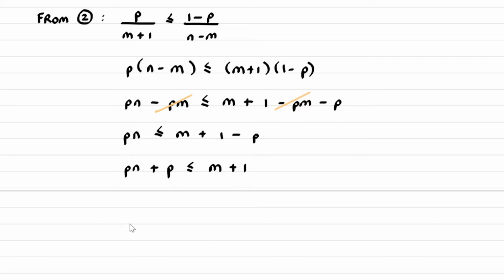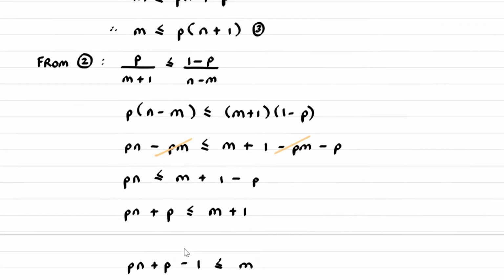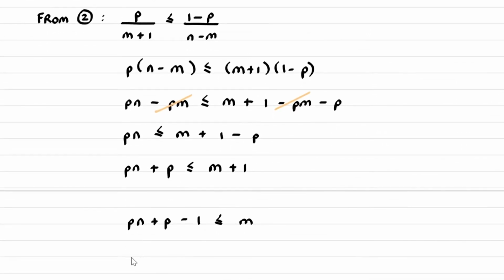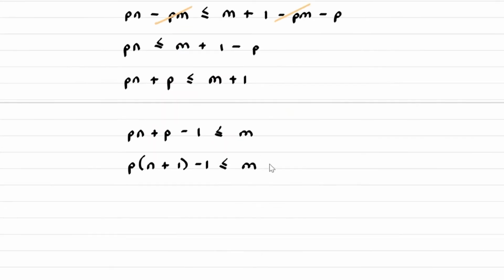Subtract 1 from both sides, so I've got pn plus p minus 1 being less than or equal to m, and if I factorise the p out, I've got p times n plus 1 minus 1 being less than or equal to m. I'm going to call this 4.